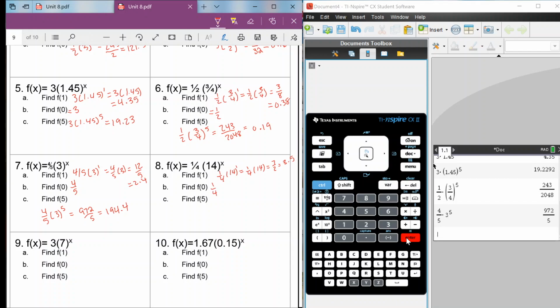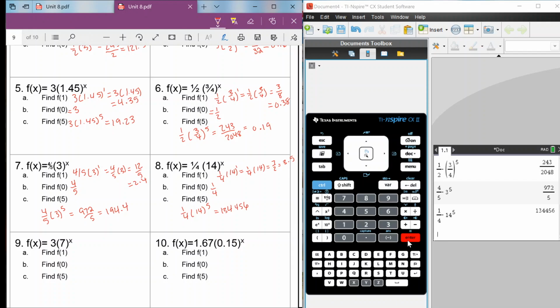And then lastly, let's plug in 5. So 1 over 4 times 14 to the 5th power. So we have 1 over 4, parentheses, 14, caret key, 5. Okay, this gives us 134,456.